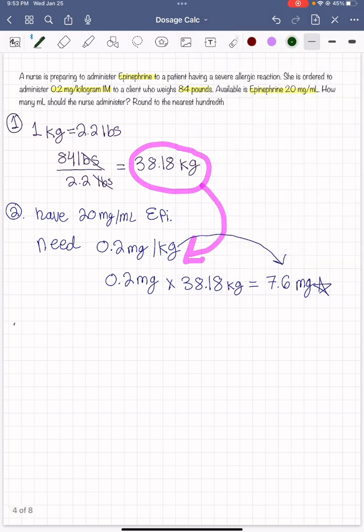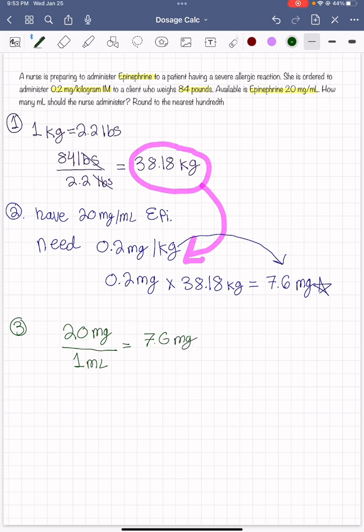So, step 3, we take what we have, which is 20 milligrams in 1 ml. That's what it means per milliliter, 1 milliliter, and we make that equivalent to what we need. So what we need is 7.6 milligrams.